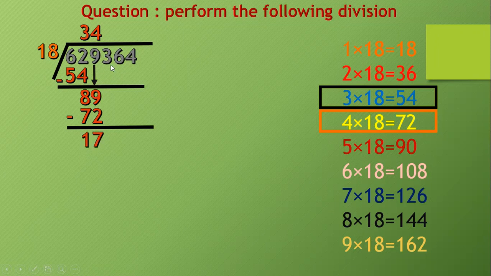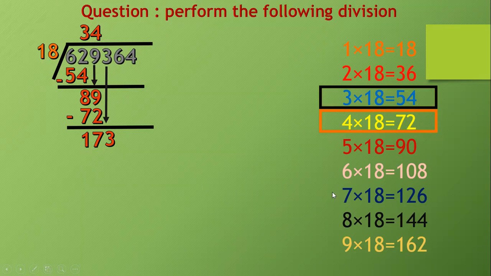Bring down the next digit, that is 3. Now the number 173 is greater than 18. So division is possible and we will find our multiple or product of 18 which is equal or nearest and smaller to 173.